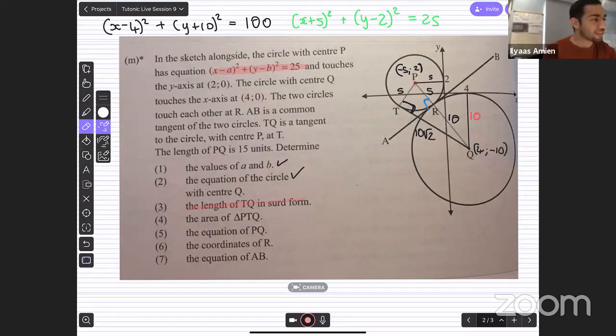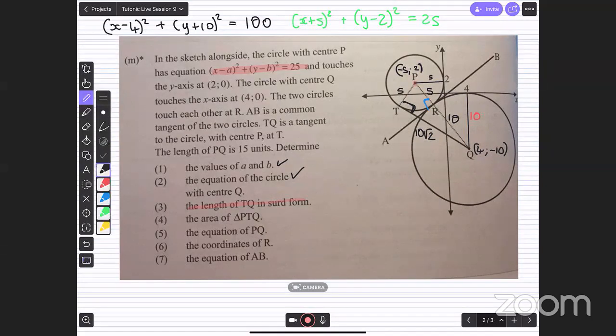Is it a right angle triangle? Yes. Okay. So therefore, which one are you going to use? Half times base times height. Okay. So what's your answer? It would be half times 10 square root 2 times 5, which is 25 square root 2. Yeah.